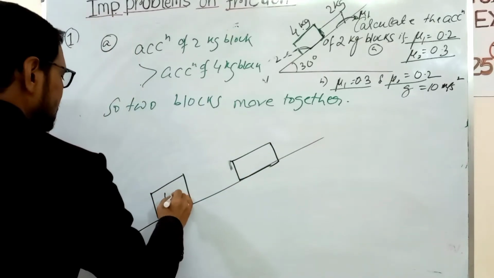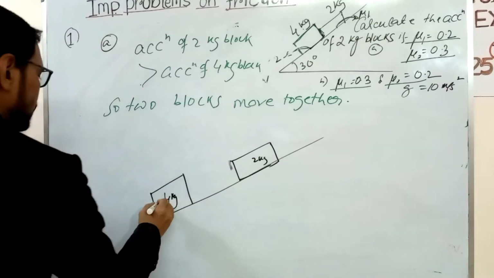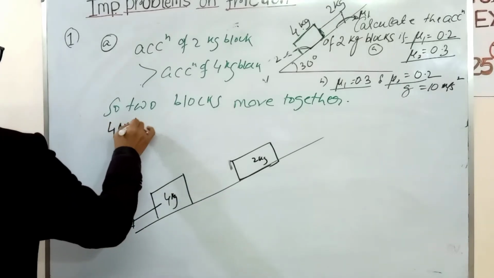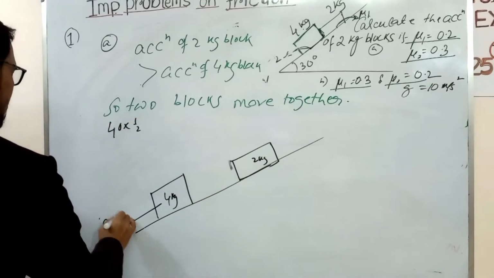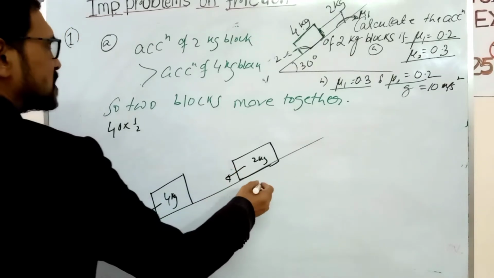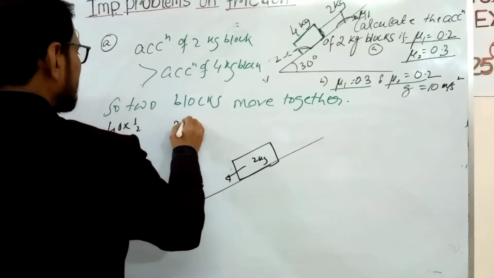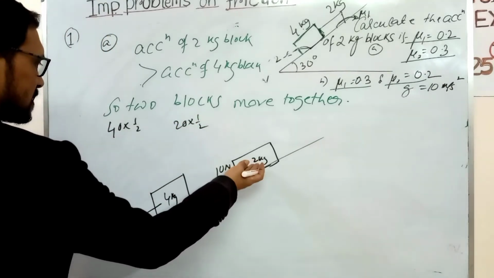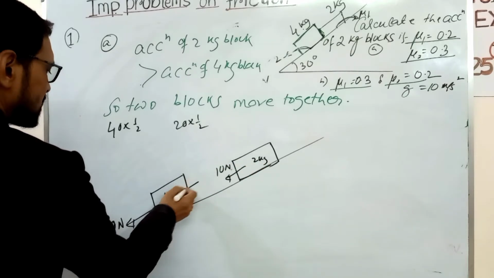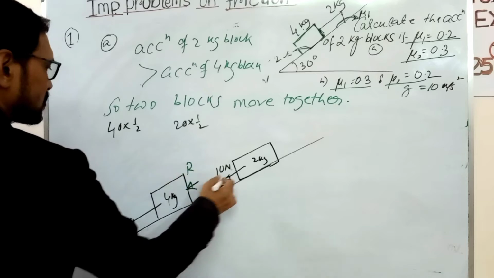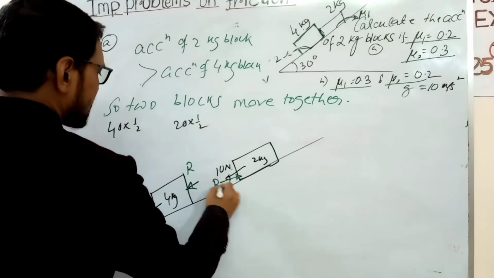The weight component of the 4 kg block, mg sin 30, with mg as 40 and sin 30 as half, is 20 Newton acting in this direction. Now the weight component of this block, mg sin 30 degrees, that is 20 into half, is 10 Newton. Now this exerts an action, denoted by R, so the reverse reaction is R here.